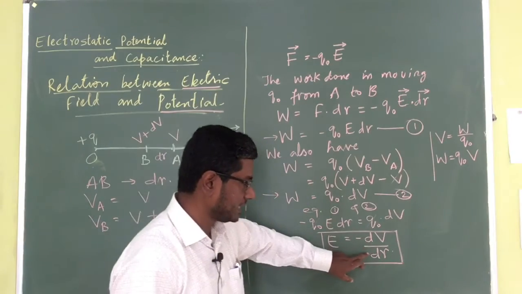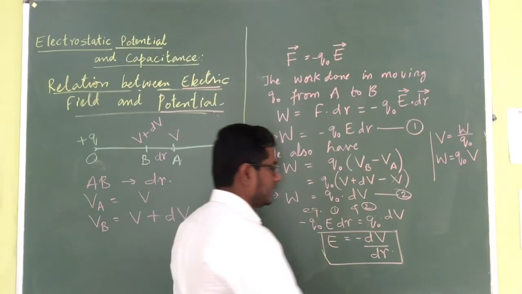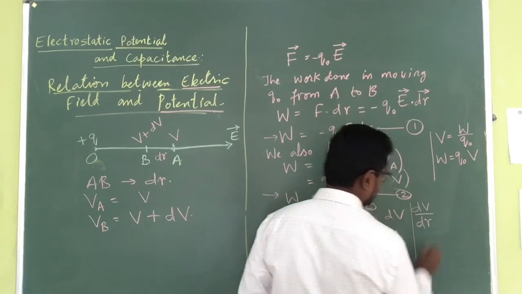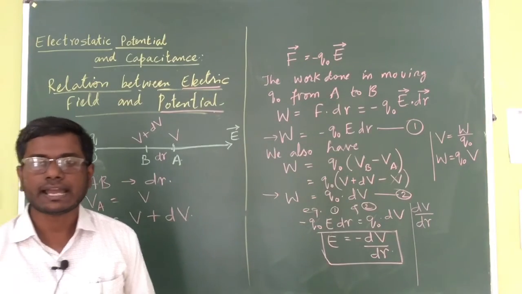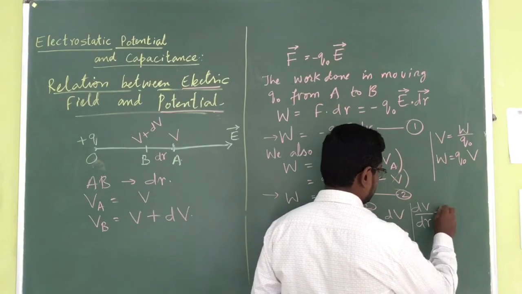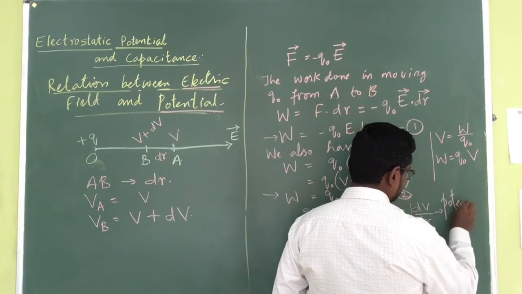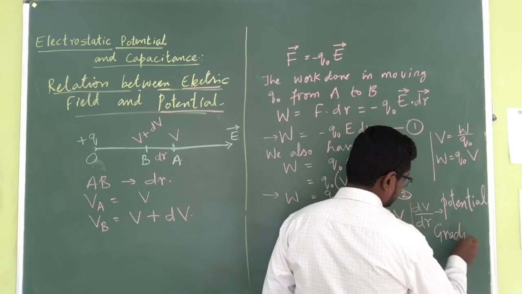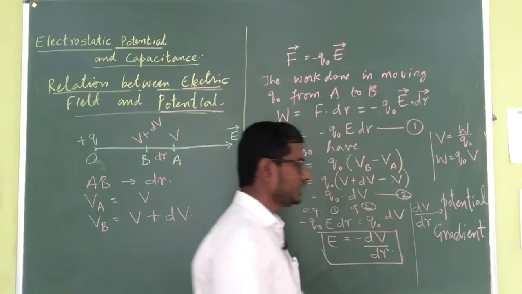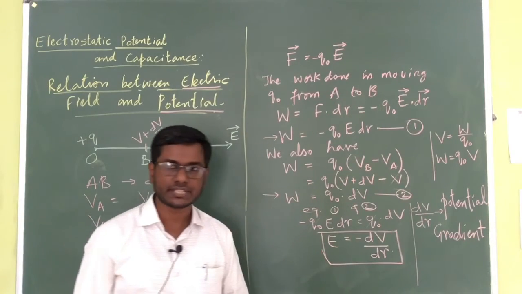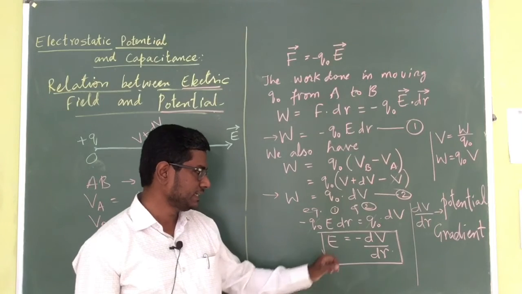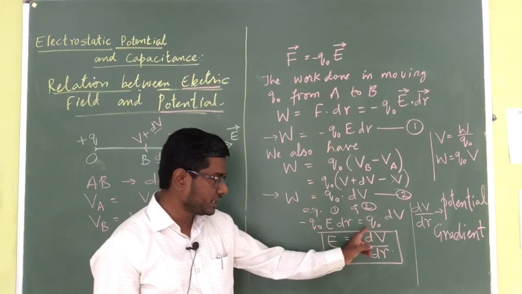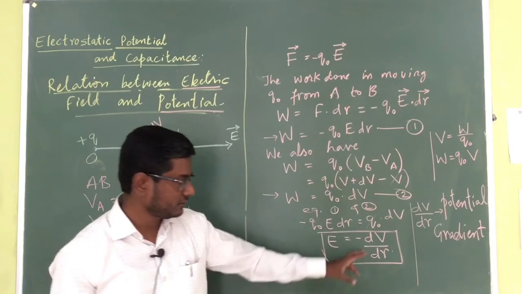This term on the right hand side, dV by dr, is called the potential gradient. So in words, the electric field is the negative of the potential gradient at that point.